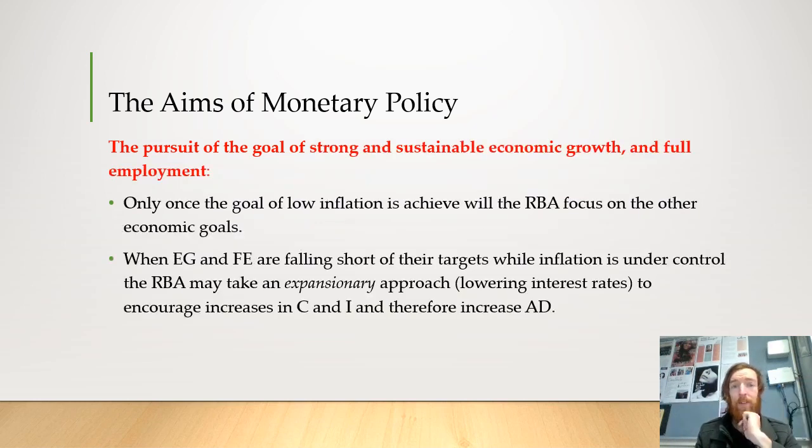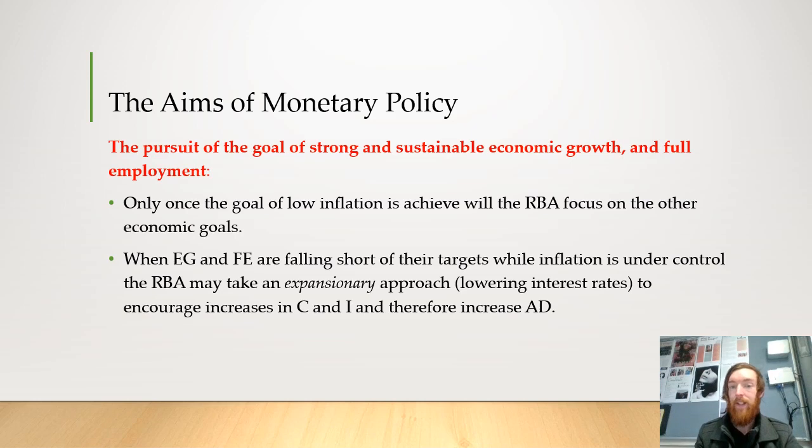Then they also have the pursuit of the goal of strong and sustainable economic growth, as well as the goal of full employment. And only once the goal of low inflation is achieved will the RBA focus on these other goals. So when economic growth and full employment are falling short of their targets, while inflation is under control, the RBA may take an expansionary approach, so lower interest rates, which encourages both consumption and investment expenditure, which increases aggregate demand.